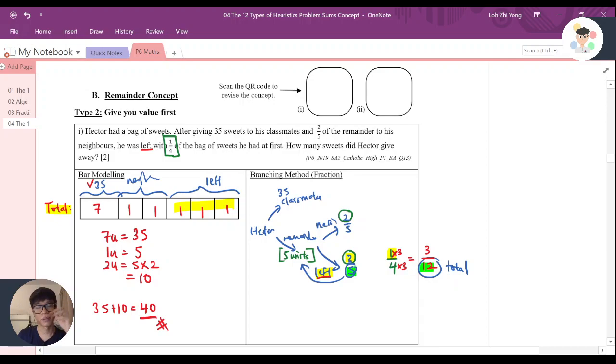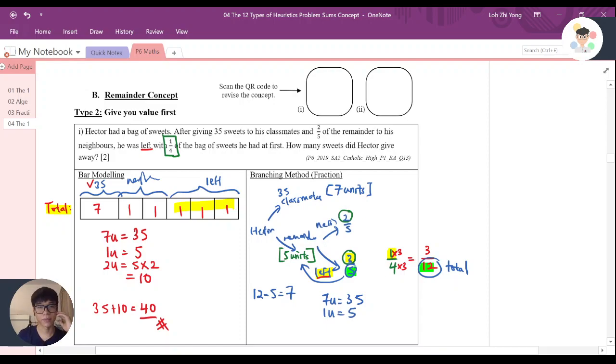We know that the missing part is the part given to the classmate. You can see that here. That's why I know that 12 total minus 5 is equal to 7. And that 7 units missing is because I have already given it to the classmate. That's why 7 units is equal to 35. And as usual, like what we did in bar modeling, 1 unit is equal to 5.